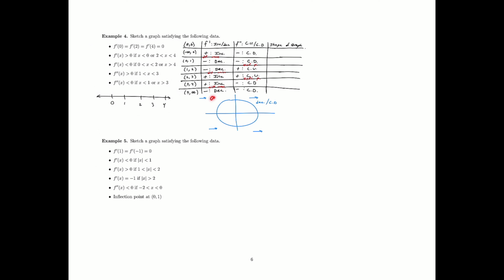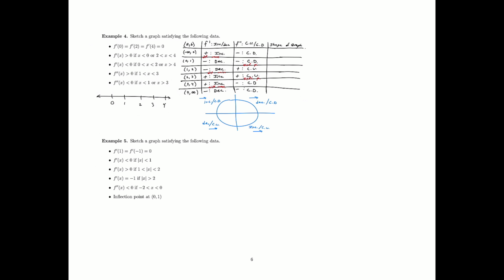Quadrant 2, as we move left to right, would be increasing, concave down. Quadrant 3 would be decreasing, concave up, and quadrant 4 would be increasing, concave up. So we can essentially use this as a little memory device to help us build what we have right in here.